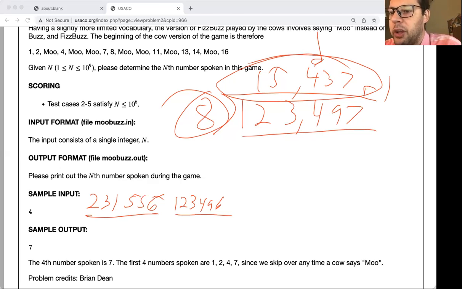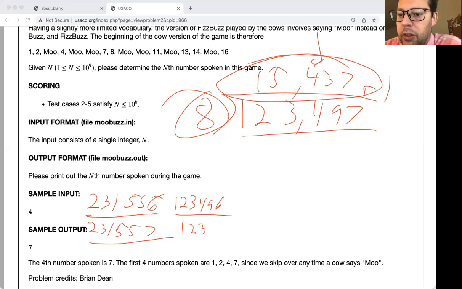So if I want the 123,497th number, then I have to count up by 1, 231,557, and check to see if this is divisible by 3 or 5. 231,557 modulus 3 is 2, so it's not, which means this would be the 123,497th number.